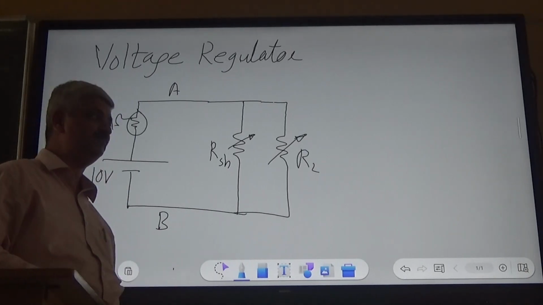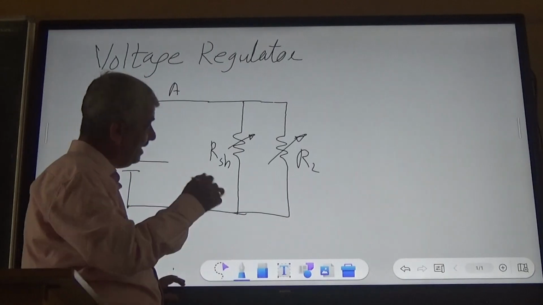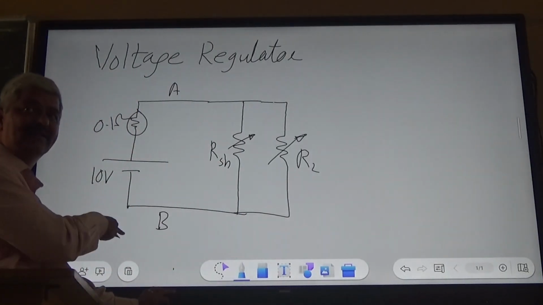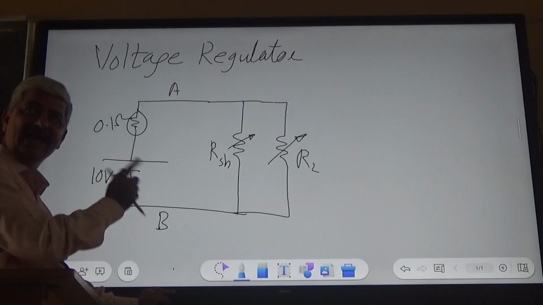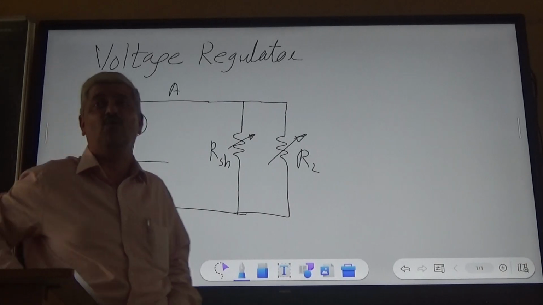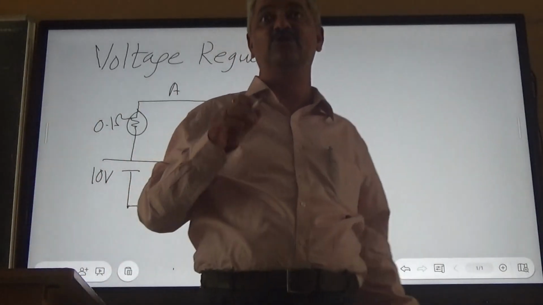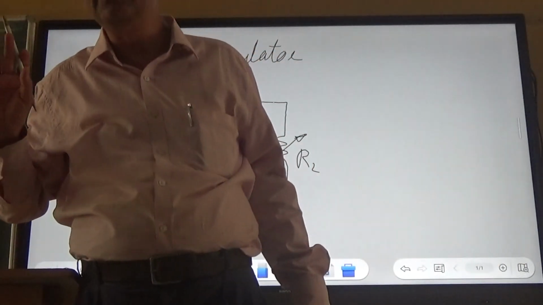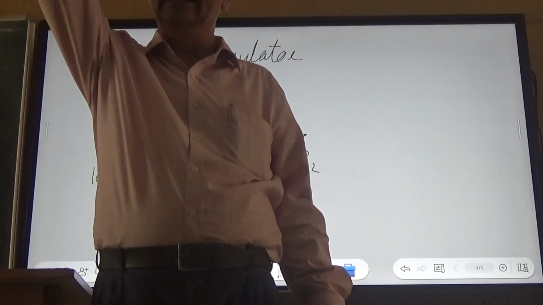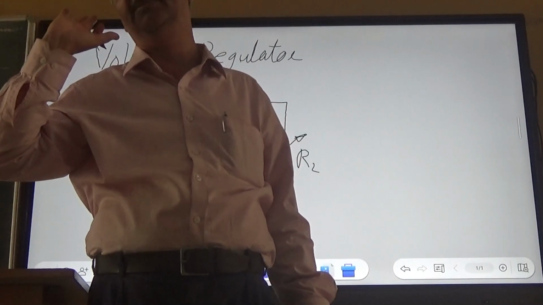A fixed voltage is possible to be obtained, but within a limit. It means by using an unregulated power supply of 10 volts, you can't construct a regulated power supply of 12 volts. You can't construct a regulated power supply even of 10 volts. It has to be of value less than the unregulated voltage source, right?